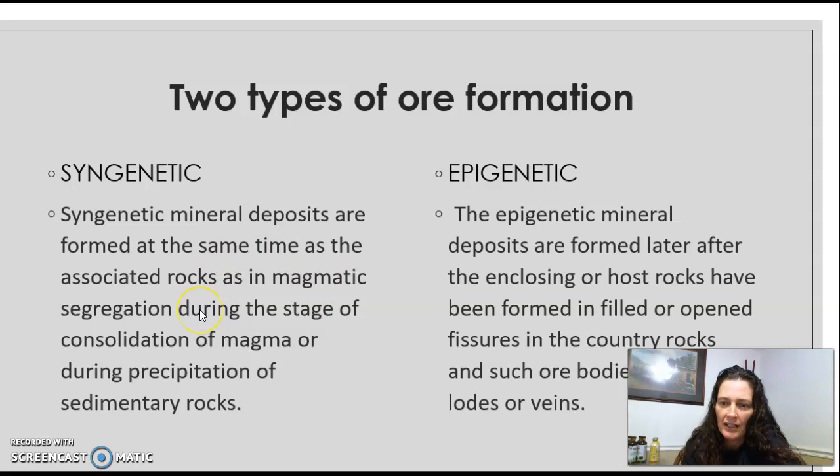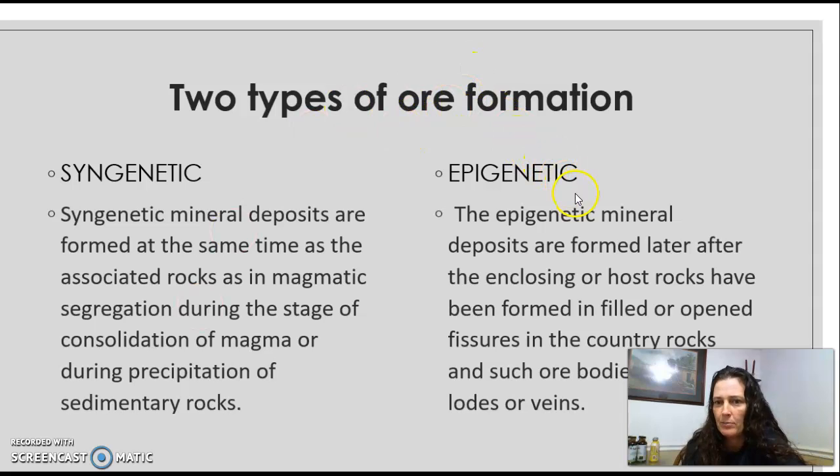So with syngenetic mineral deposits, the rock and the mineral are forming at the same time, together, simultaneously. They're still forming inside of a parent host rock, but it's all happening together.